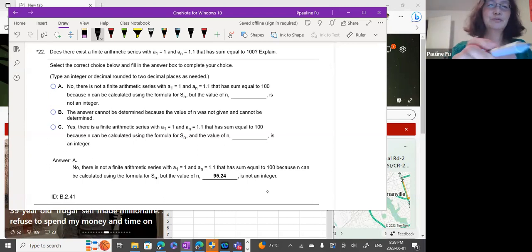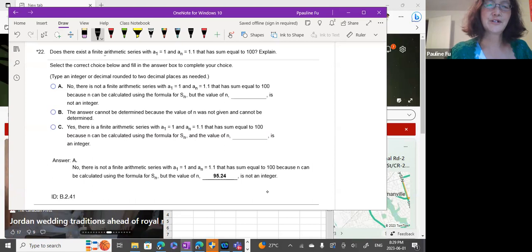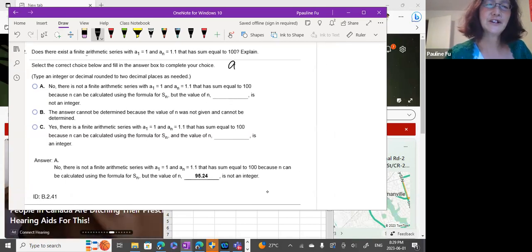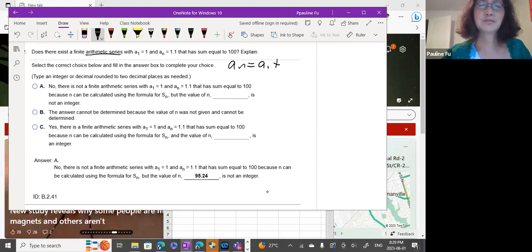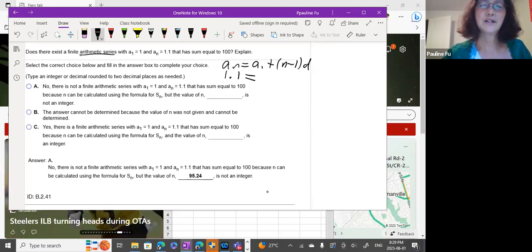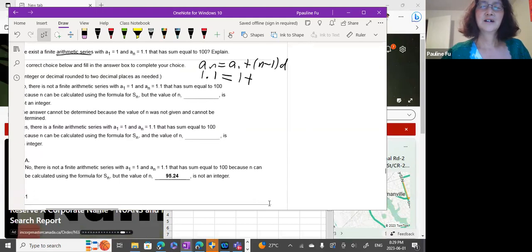We can assume it is a series and calculate. Remember, if it is arithmetic, AN equals A1 plus N minus 1 times D. So AN is 1.1, A1 is 1.